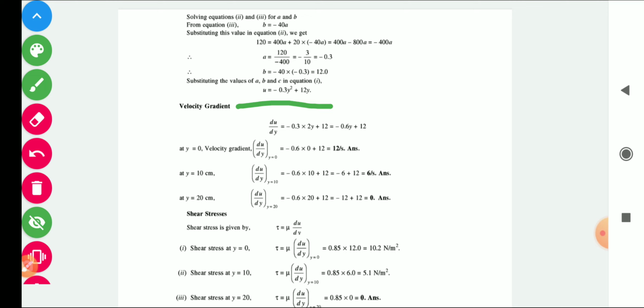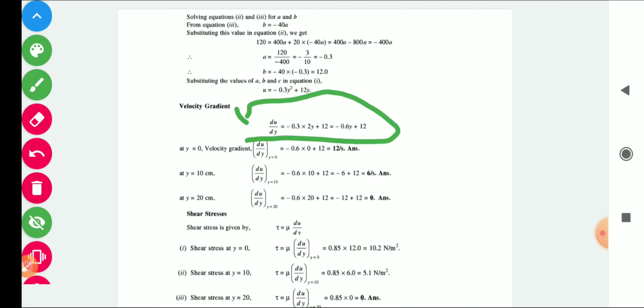Now the velocity gradient: if we differentiate this velocity profile equation, then we can calculate du by dy. So differentiating this equation, we get this equation.